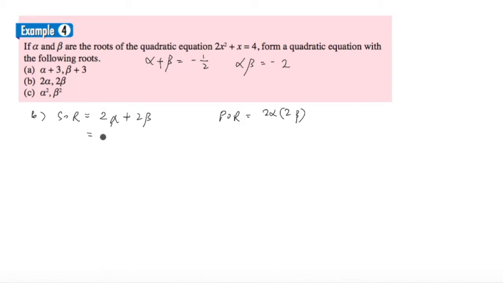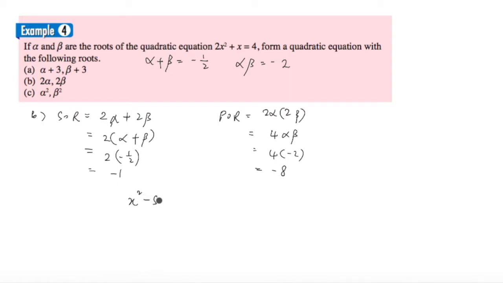Then this one plus, factorize out. So you get this, put inside negative 1 over 2. You cancel, cancel, negative 1. And here, 2 multiply alpha, 2 multiply beta. So 2 times 2 is 4 alpha beta. So 4 multiply the alpha beta, negative 8.